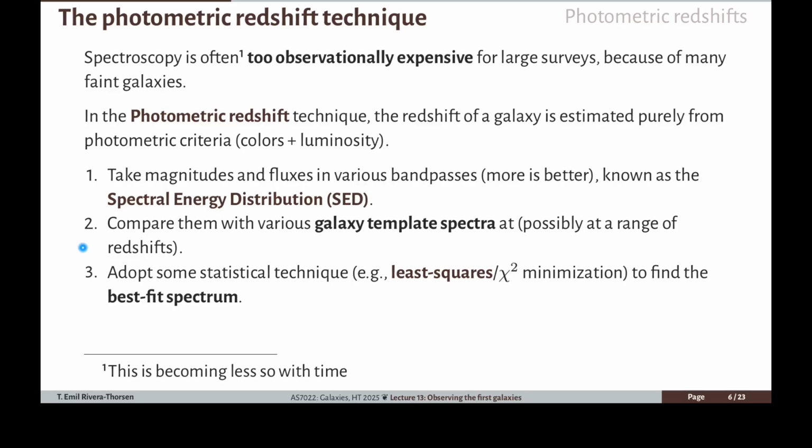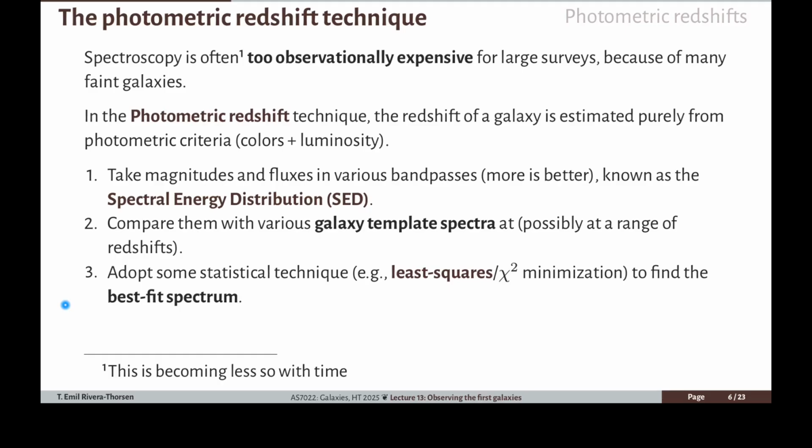And then we simply use a statistical technique, for example, least squares, chi-square minimization fitting, or Bayesian fitting, or something else, to find the model spectrum, and therefore also the model combination of physical parameters that best fits the values that we have observed.